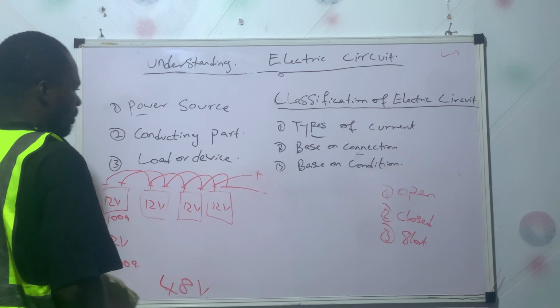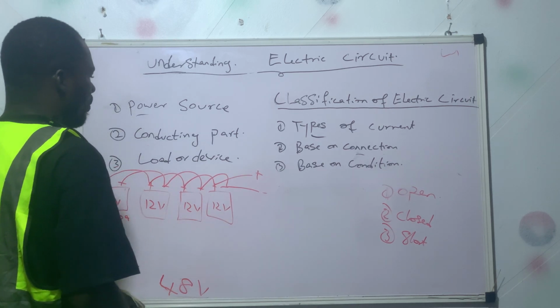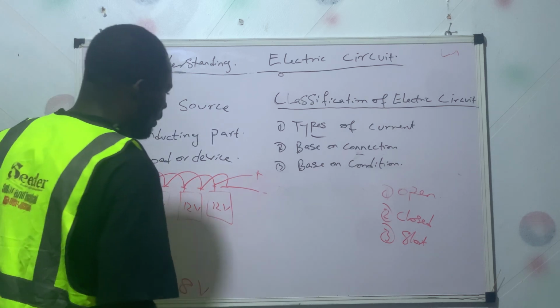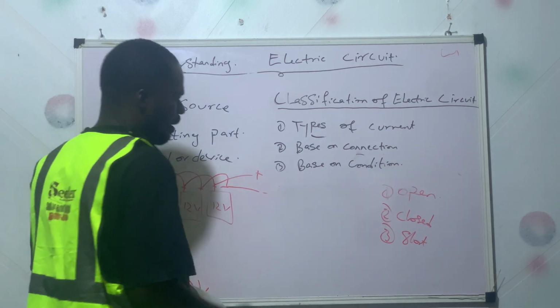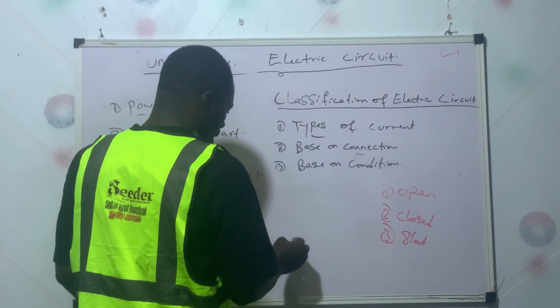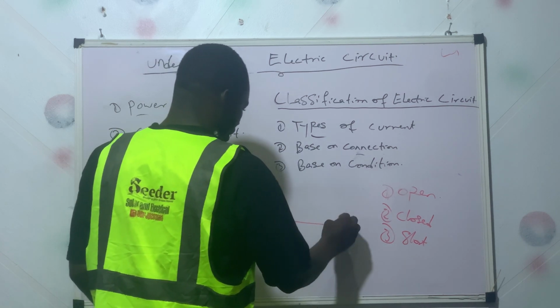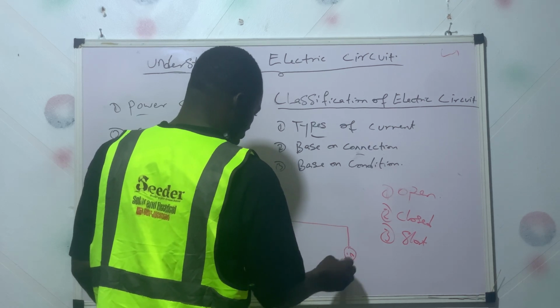An open circuit is a circuit that is incomplete. The circuit setup is incomplete, so it will never be functional. Let's say, for example, this is your power source and this is a circuit. This will be your bulb.